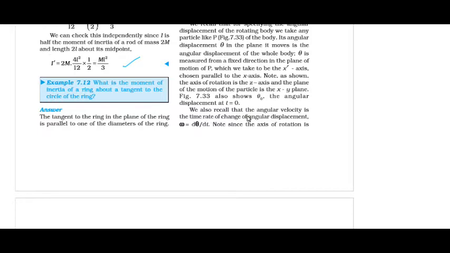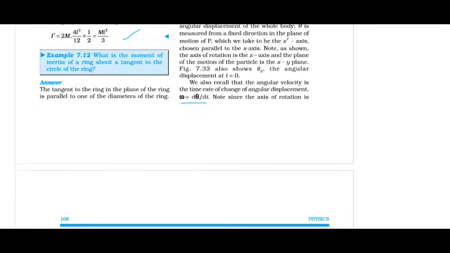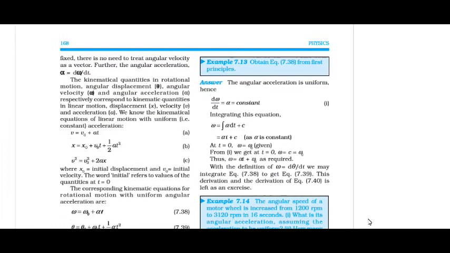We also recall the angular velocity is the time rate of change of angular displacement. So omega is equal to d theta by dt. Note, since the axis of rotation is fixed, there is no need to treat angular velocity as vector. Further, angular acceleration alpha is equal to rate of change of angular velocity, that is d omega by dt.